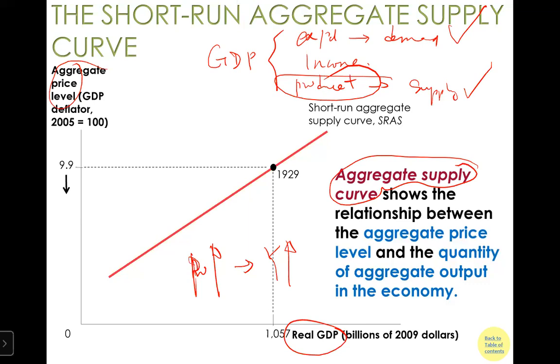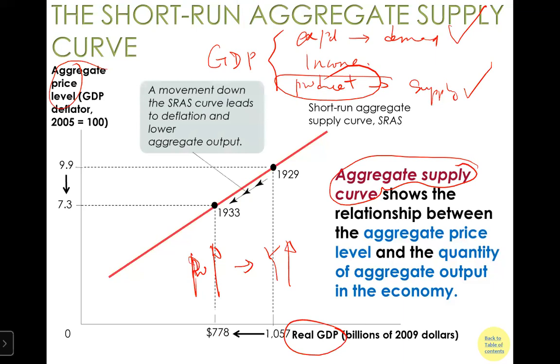Now we need to understand why the aggregate supply curve is upward sloping. Here we start with the short run. This upward sloping aggregate supply curve only holds in the short run. You may wonder how we define the short run, and later we are going to see the long run. How do we differentiate between short run and long run?